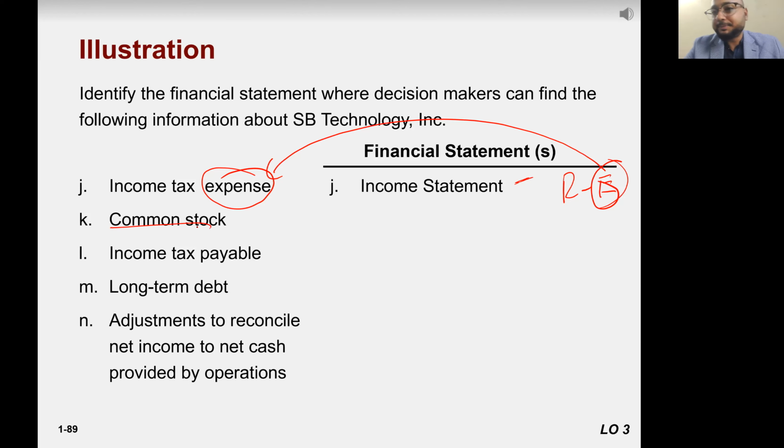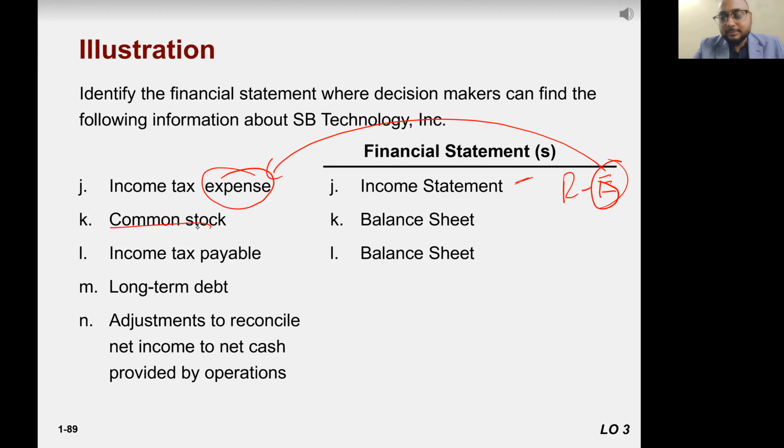Common stock, where can we find it? Not the issuance of common stock, total common stock. Balance sheet, right? If it says issuance of common stock, that means a part of the common stock is newly issued, so that will be in the cash flow statement.